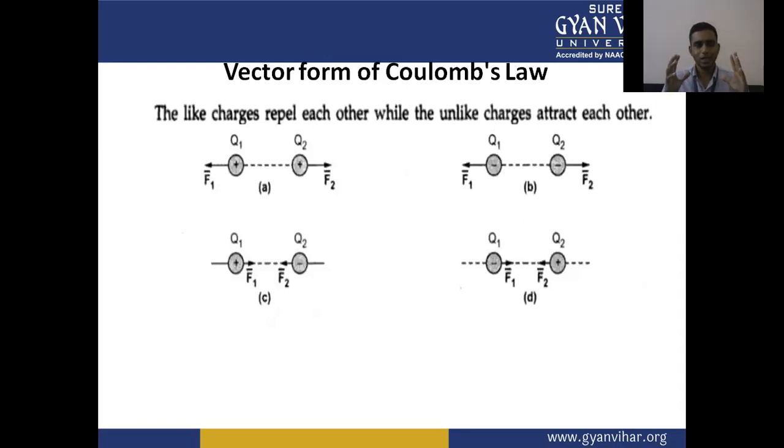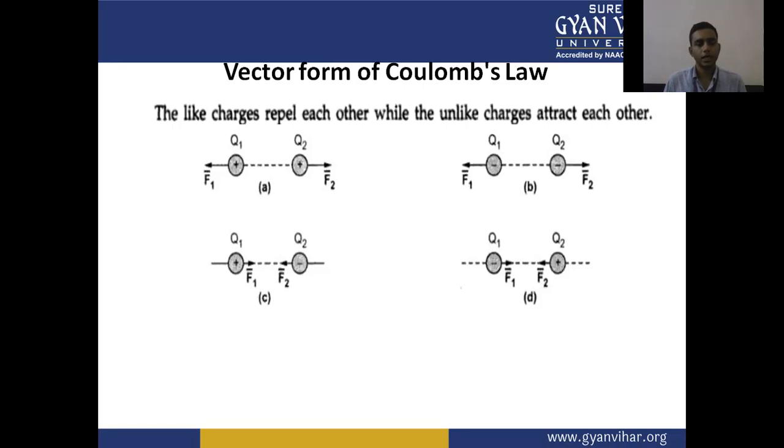Like charges repel each other, while unlike charges attract each other. So we are able to understand from this figure A that F1 is the force at Q1 and F2 is the force at Q2.